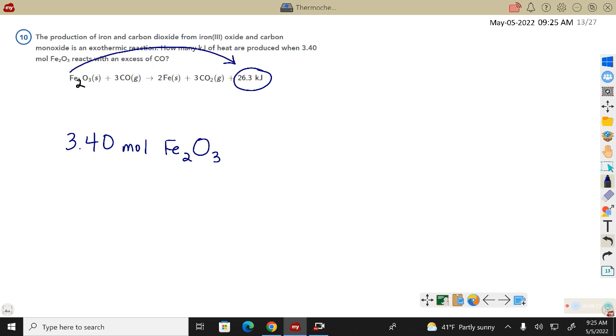With energy being on the product side, this is an exothermic reaction, and we can set up a little proportion. I want to cancel moles of this iron oxide, and I want to get over to the energy value. How many kilojoules of heat are produced?